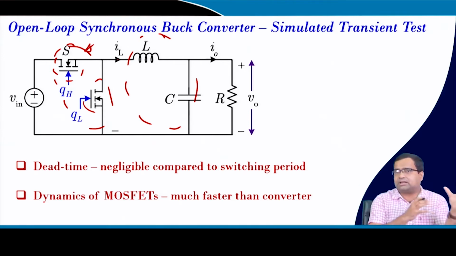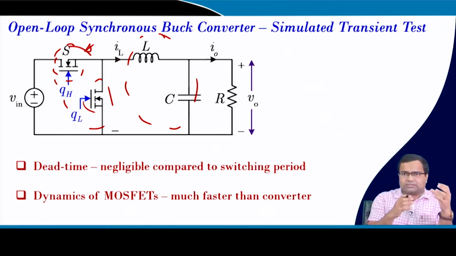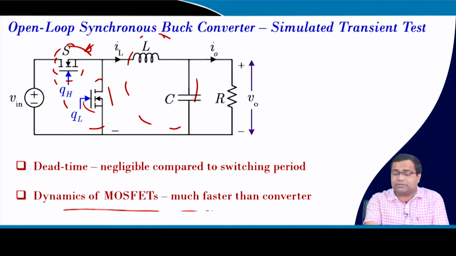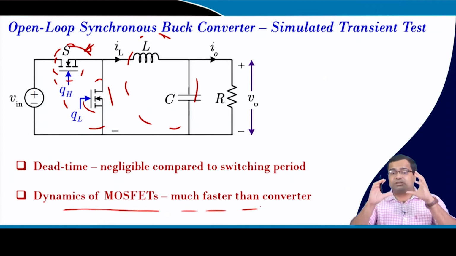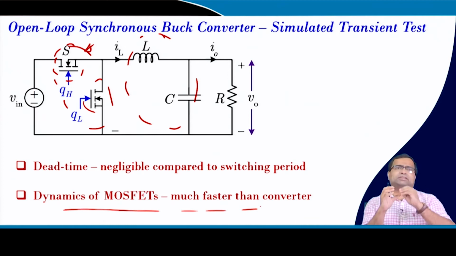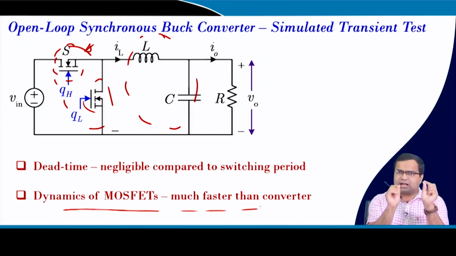One is very fast and another is very slow. The faster one will decay very quickly and then the behavior will be primarily dominated by the slower one, and that is exactly what happens. Under such consideration, we can ignore the dynamics of the MOSFET, because once we derive the small signal model, we will see the MOSFET dynamics are so fast that you do not need to incorporate them, as long as your rise and fall times are only a small fraction of the time period.